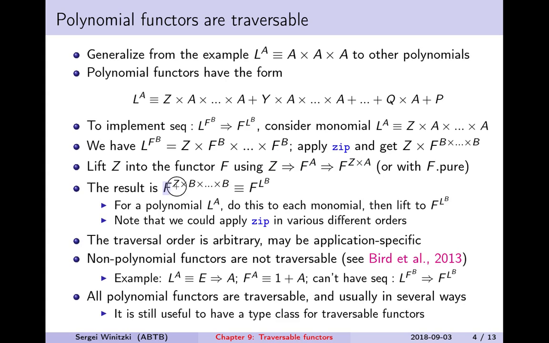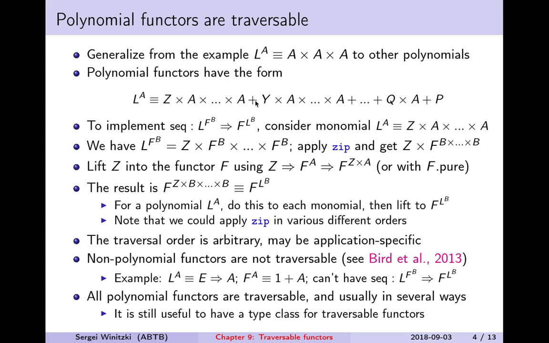So the result is going to be this, and that's the sequence method for a single monomial. And then for each monomial you do this, and you have a disjunction of different results of type f of a monomial, and then we lift it to f of the disjunction like we did in the either implementation.